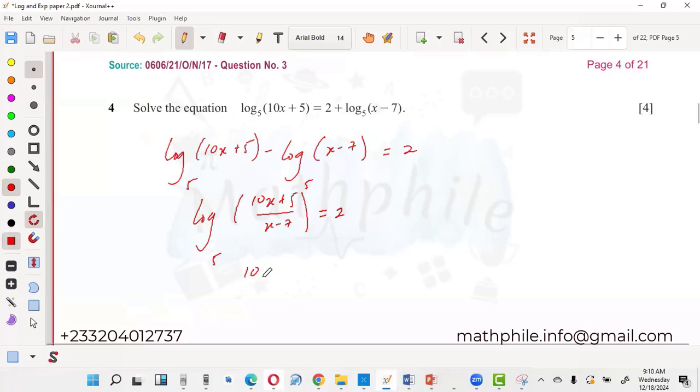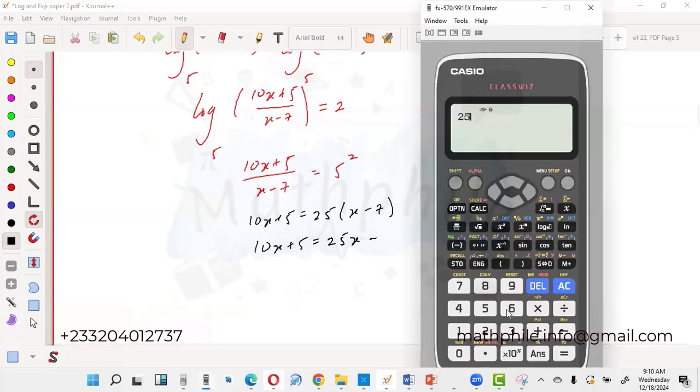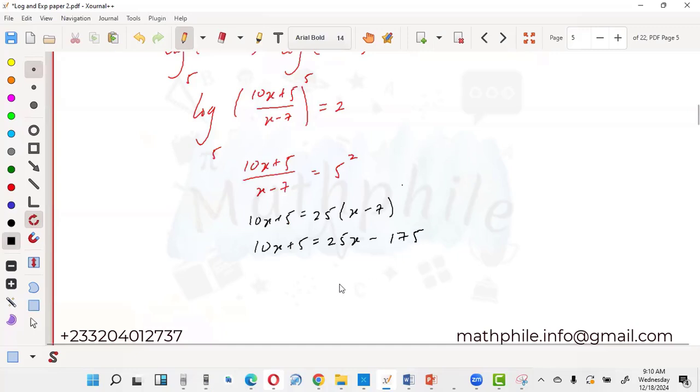Then 10x plus 5 over x minus 7 equals 5 raised to the power 2. This will give you 10x plus 5 equals 25 times (x minus 7). Then 10x plus 5 equals 25x minus 25 times 7, which is negative 175.